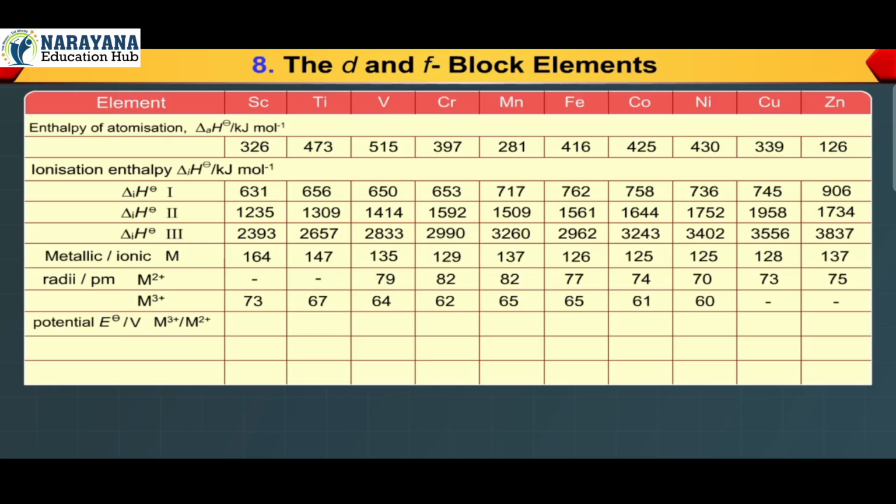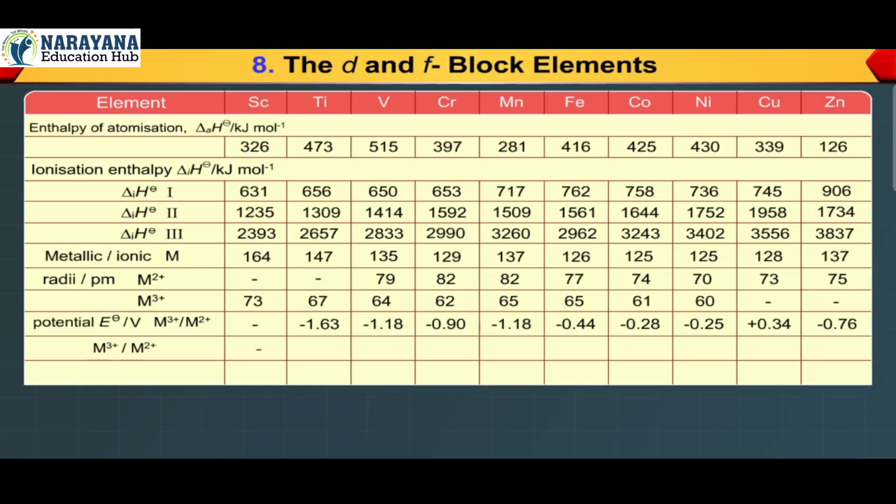Potential E standard per volt M2 plus or M minus 1.63, minus 1.18, minus 0.90, minus 1.18, minus 0.44, minus 0.28, minus 0.25, plus 0.34, minus 0.76.